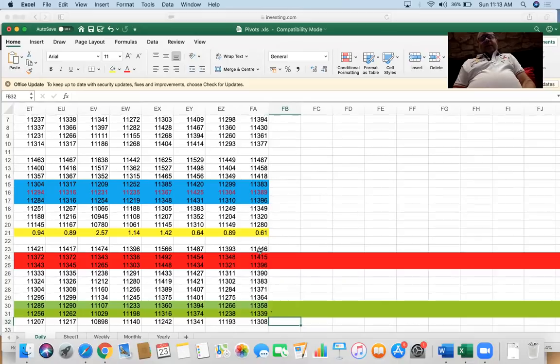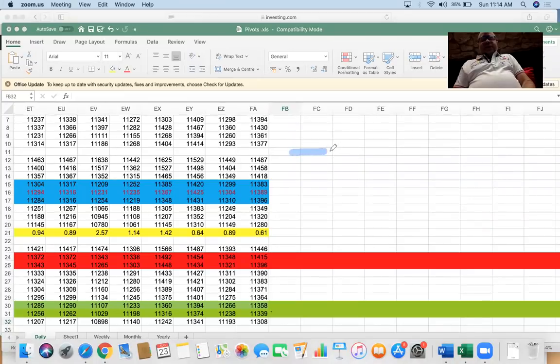Okay, we open beyond this zone and we are likely to hit resistance at 11,450. So this is 11,450.